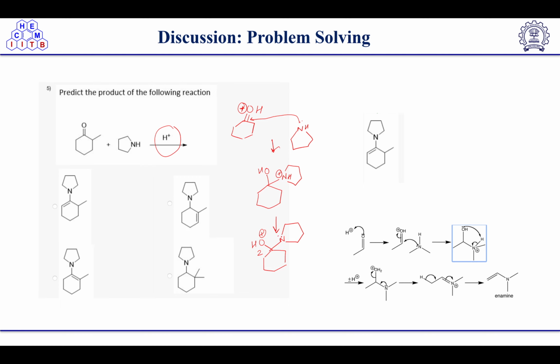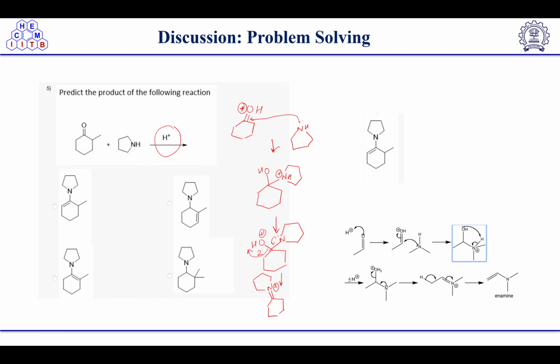Now this lone pair of nitrogen will push over here, and this water group is very labile and a good leaving group, it will get knocked out, and we will get the product, this one.